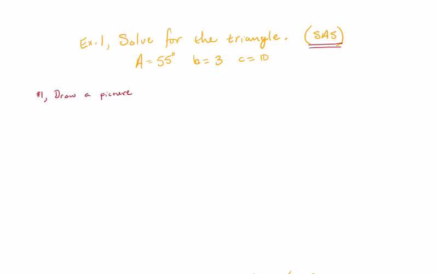When you're getting ready for a test or a quiz, make sure you draw a picture if you can't visualize it, because you want to see what information you are given. If you go back to the law of sines, if you're given two sides and an angle that create a side-side-angle, then that's a whole different conversation. So you really want to make sure that you can see that it's side, angle, side.